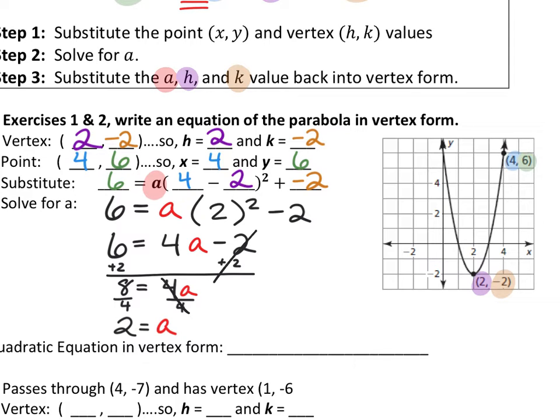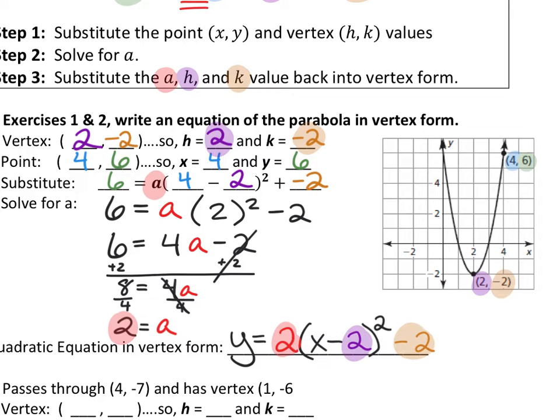My final answer here would be y equal to A, which we just found was 2, open parentheses, x minus h, which we labeled earlier was 2, close parentheses squared, plus k, which we said was -2. Again, all I have to plug in is the number I found for A, the number I found for h from the graph, and the number I have for k from the graph.